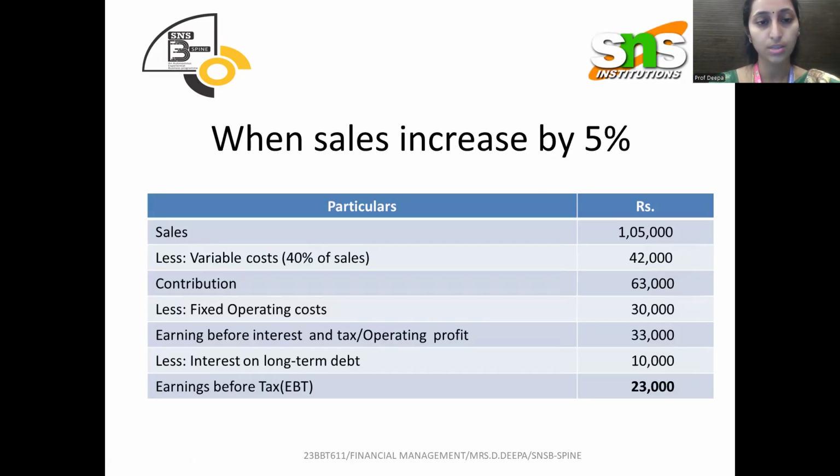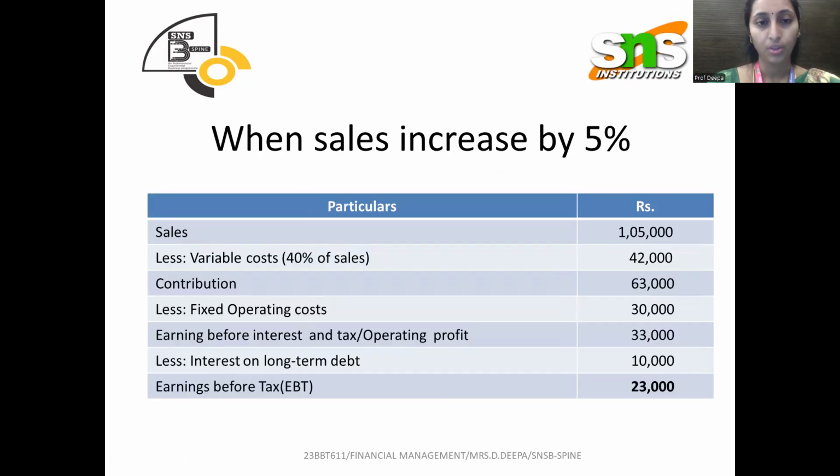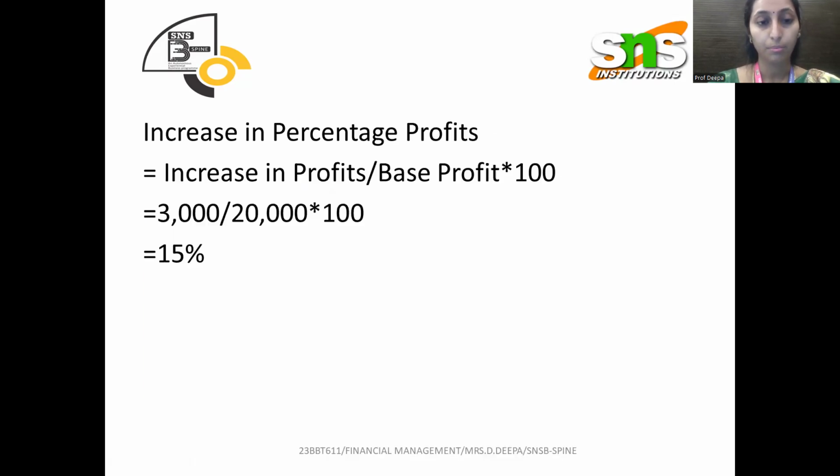So 3,000 divided by 20,000 into 100, as per the formula, gives 15%. So when sales increases by 5%, profit tends to increase by 15%. That is the meaning.